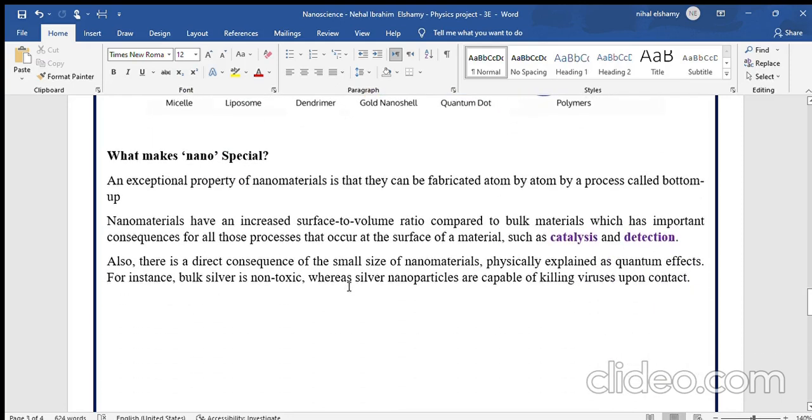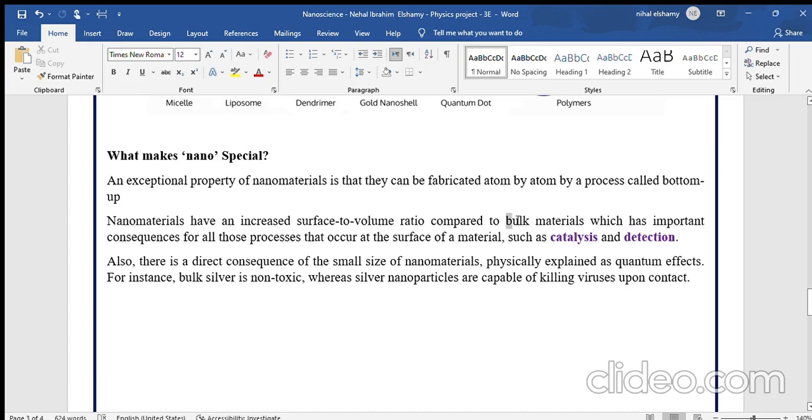But what makes nano special? An exceptional property of nanomaterials is that they can be fabricated atom by atom, and this process is called bottom up. Nanomaterials also have an increased surface to volume ratio, which means that the surface is larger relative to the volume compared to the bulk materials.